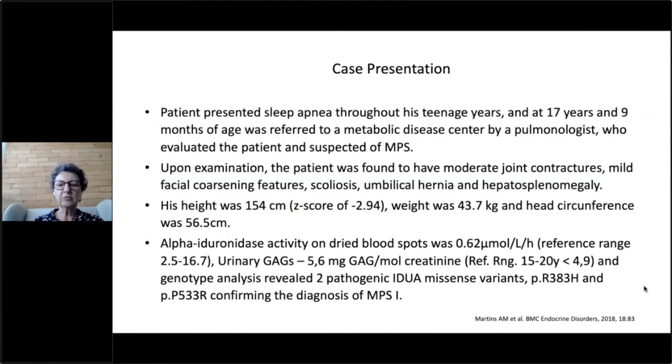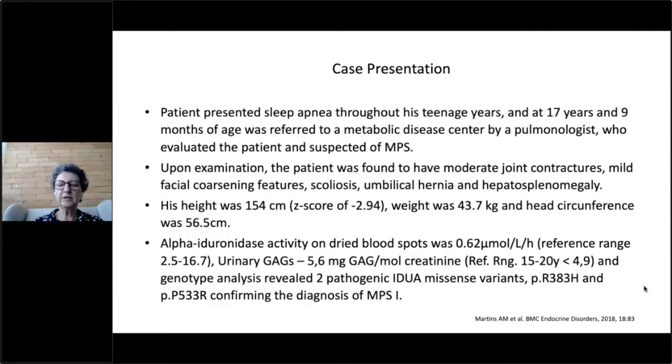Upon examination in my center, the patient was found to have moderate joint contractures, mild facial coarsening features, scoliosis, umbilical hernia, hepatosplenomegaly, and a heart murmur. His height was 154 centimeters, Z-score of minus 2.94, weight was 43.7 kilos, and head circumference was 56.5.